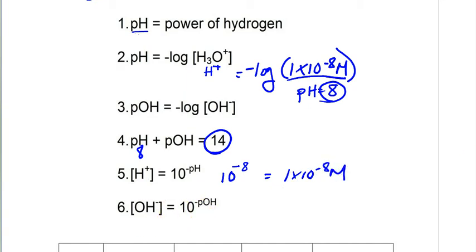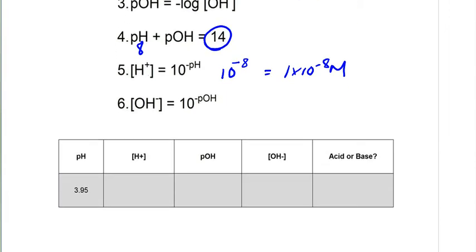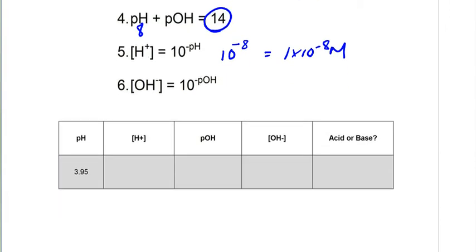And so just a quick example, there's multiple different ways of solving, going back and forth, using that information, as well as from what you did in your lab today. So if you have a pH of 3.95, I can then calculate my hydrogen ion concentration by taking 10 to the negative 3.95 and end up with 1.12 times 10 to the negative 4th molar.